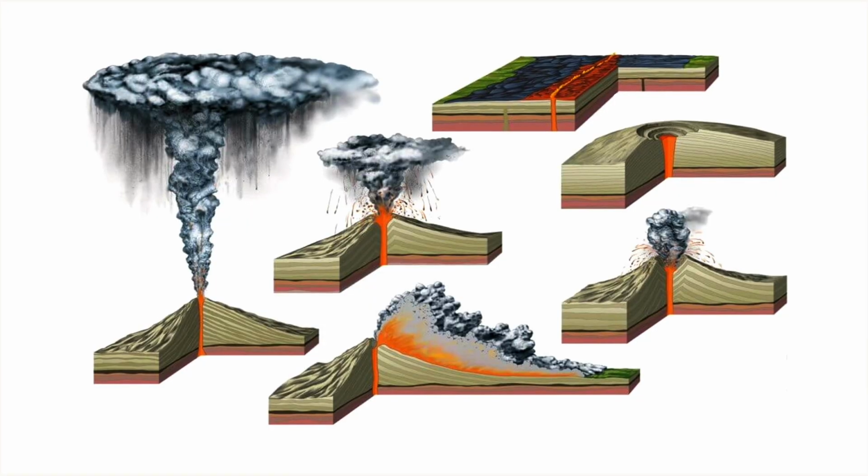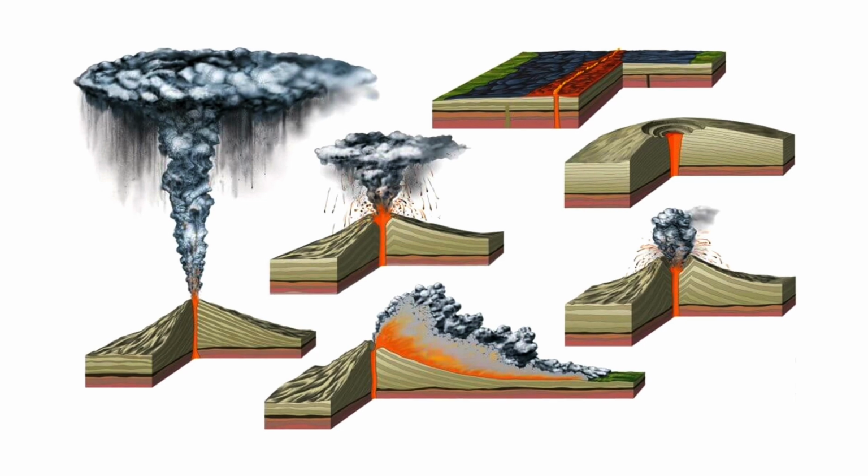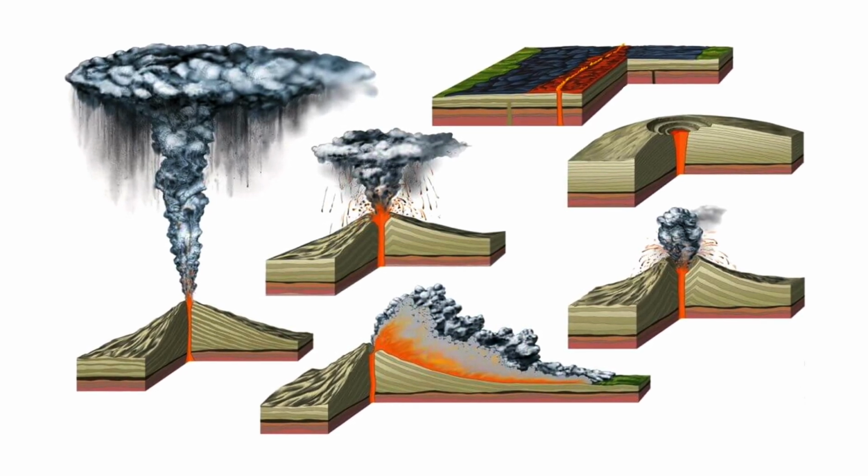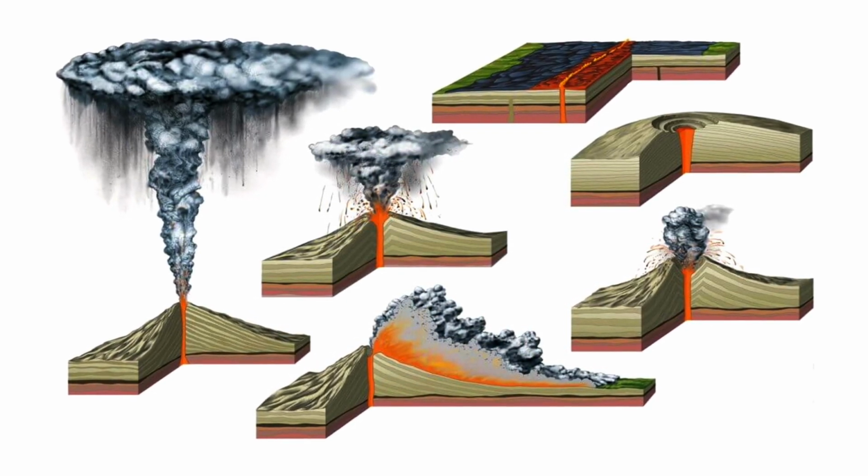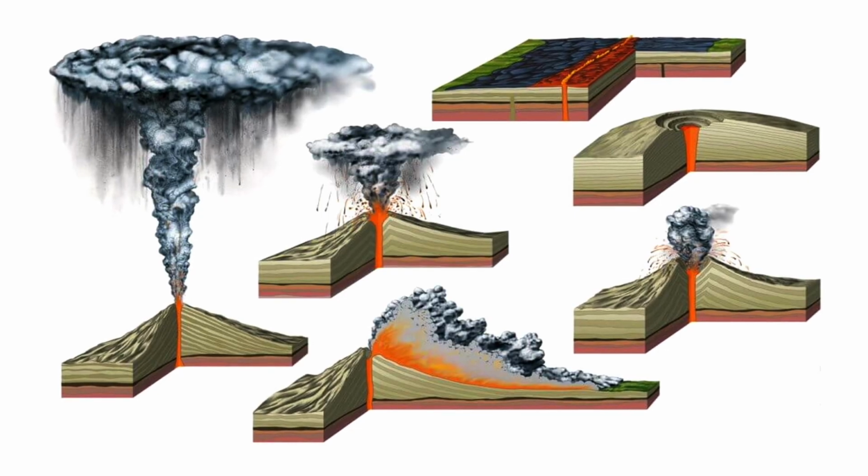False or exaggerated warnings can create unnecessary panic and reduce the public trust, potentially leading to poor responses in real emergencies. So, volcanic emergencies can vary in form and severity. Therefore, warning systems should be designed for each volcano based on local conditions as well as historical behavior.